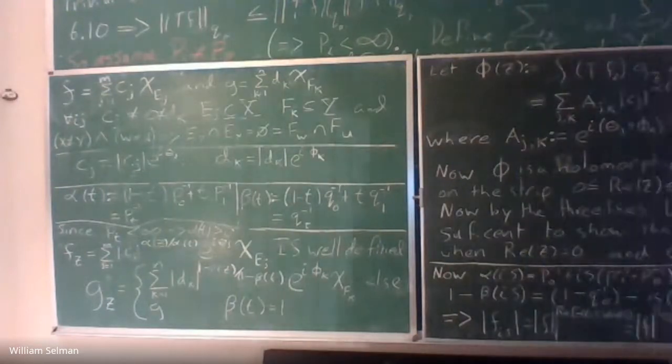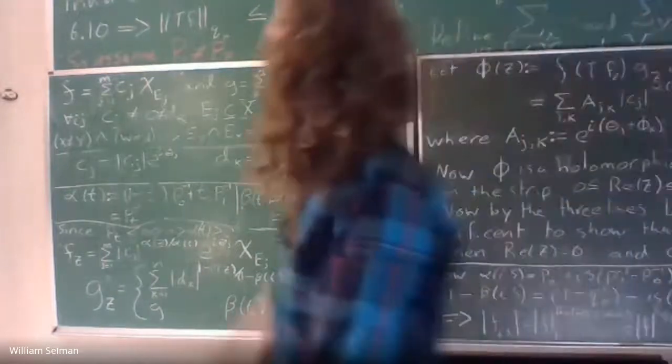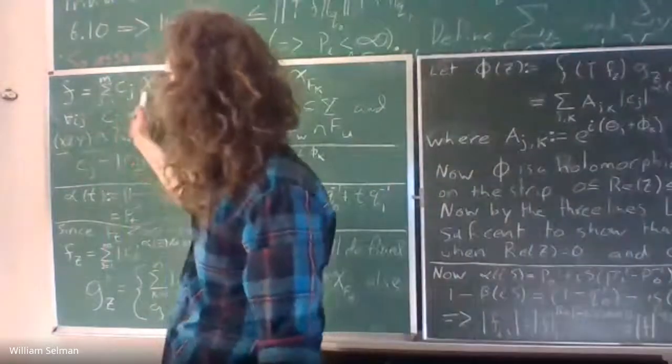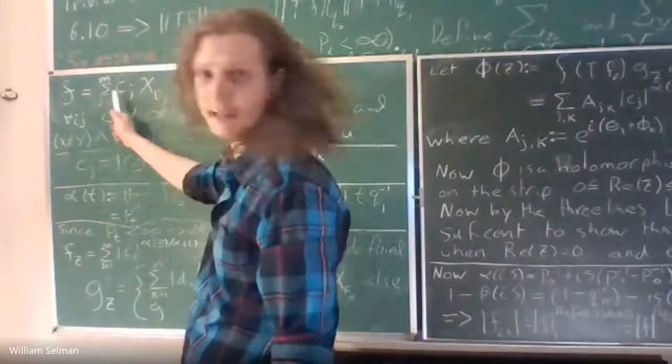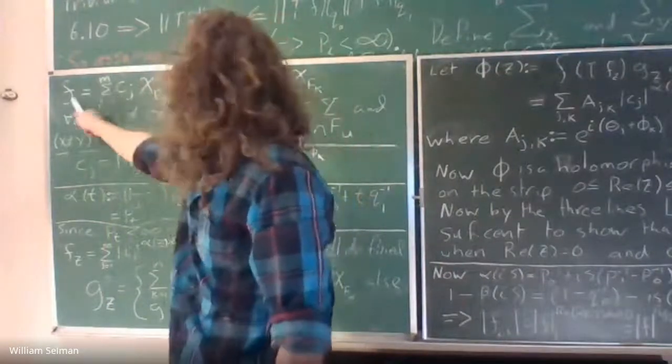So what we're going to do is define two of those functions. First, we've got a sum of characteristic functions for the E_j's living in X with complex coefficients, and that sum equals f.